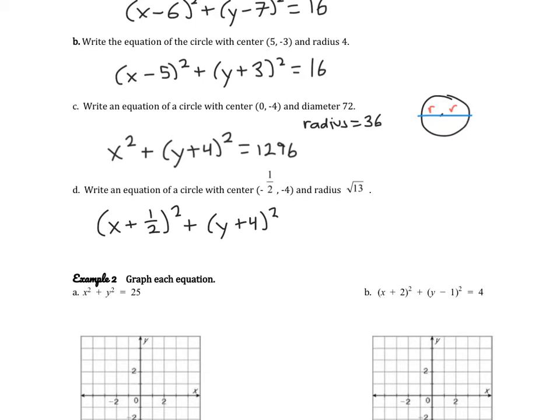Notice both of these are negatives, so in our equation, it's a positive. And then here, remember we need to do our radius squared. So if you take square root of 13 and you square it, it's simply 13. The square cancels out the square root.